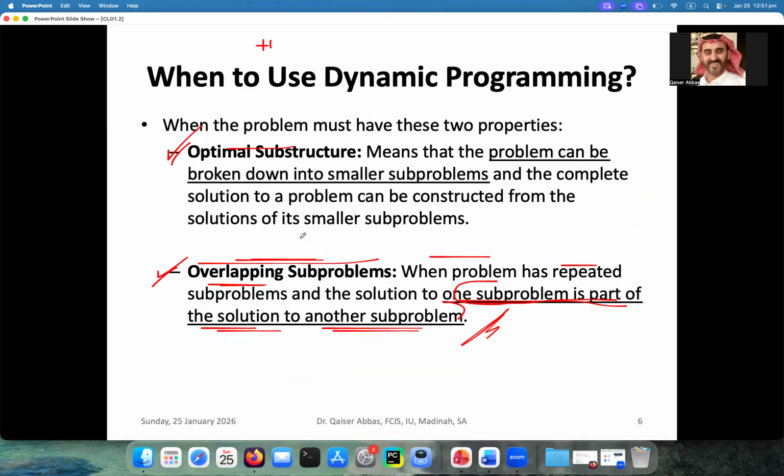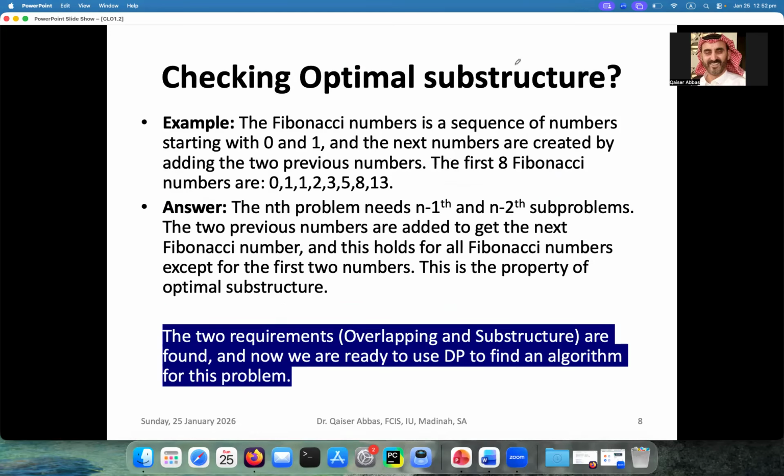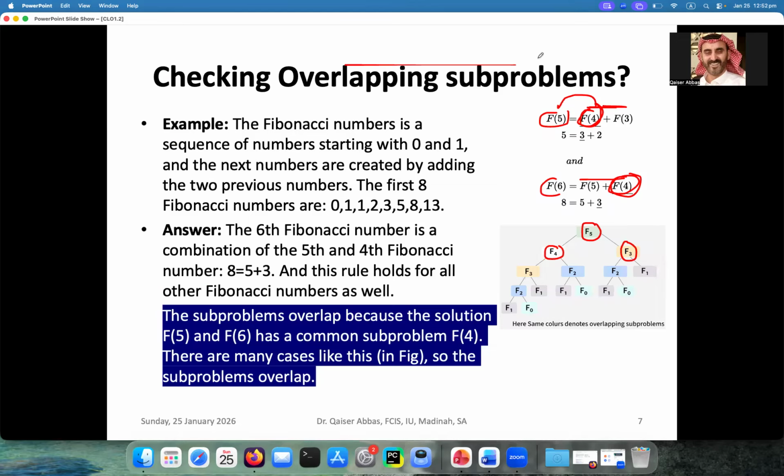Now we have seen the definitions, but how can we identify these two things practically? First we check overlapping subproblems with an example, and then we check optimal substructure with an example, to understand these two concepts further. For example, here we take Fibonacci numbers.